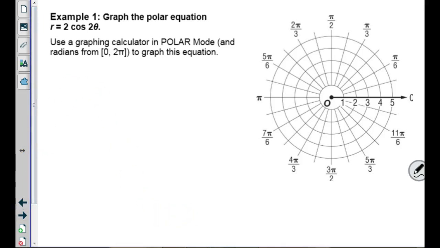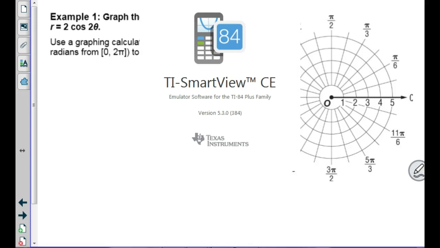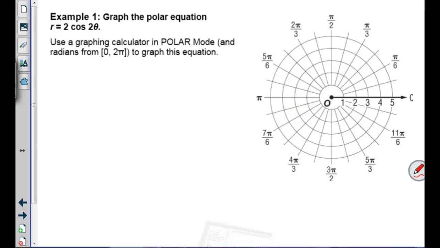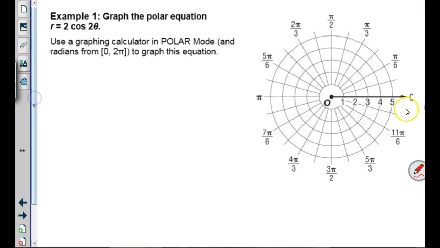Ready to try the calculator? So your calculator needs to be in polar and radians. Okay, polar mode. For the graphing you're going to do, you're going to always be in radians. The degree problems are just plotting points, and so those aren't going to be on the calculator.